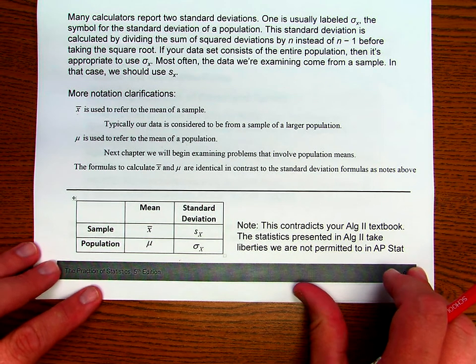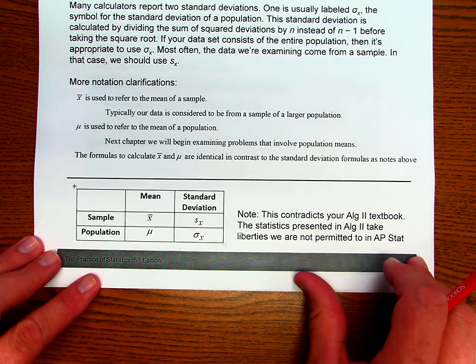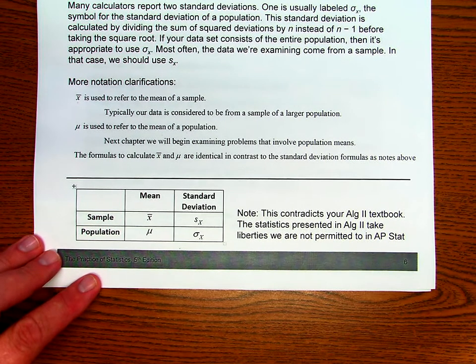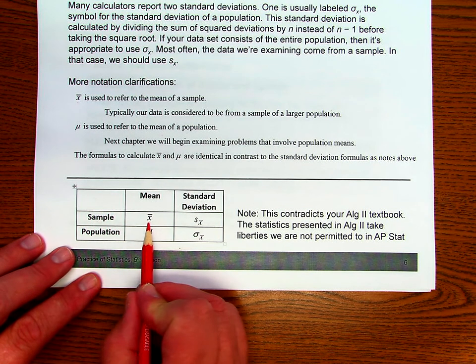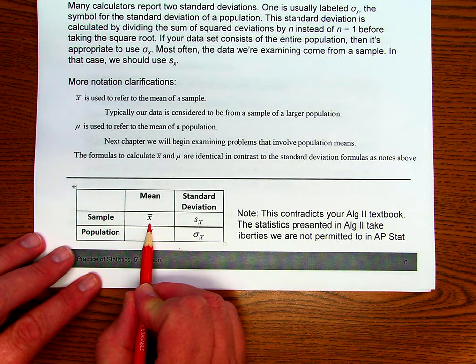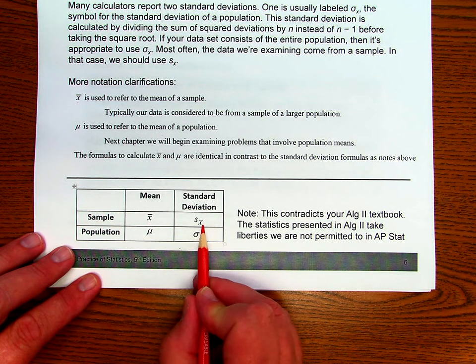So we can summarize some of these ideas here in this little table. If you are talking about a sample, the mean of the sample should always be reported with the symbol x bar. The standard deviation of the sample should always be reported with s sub x.